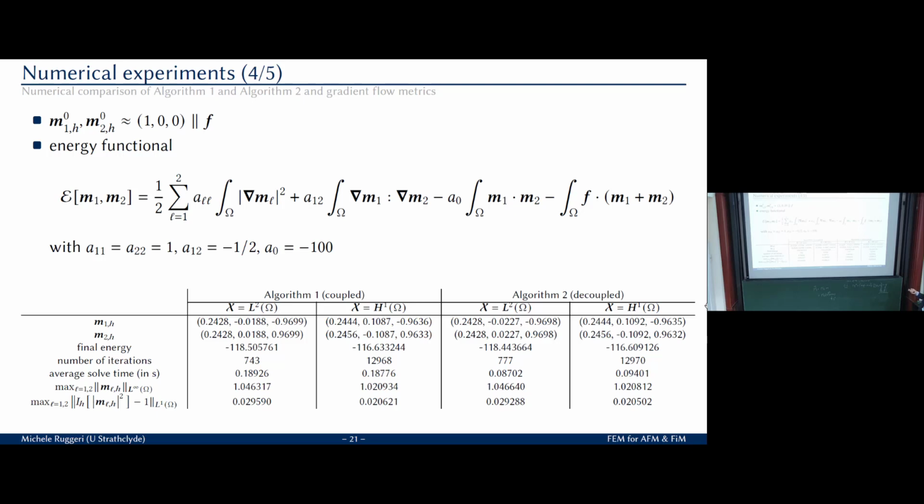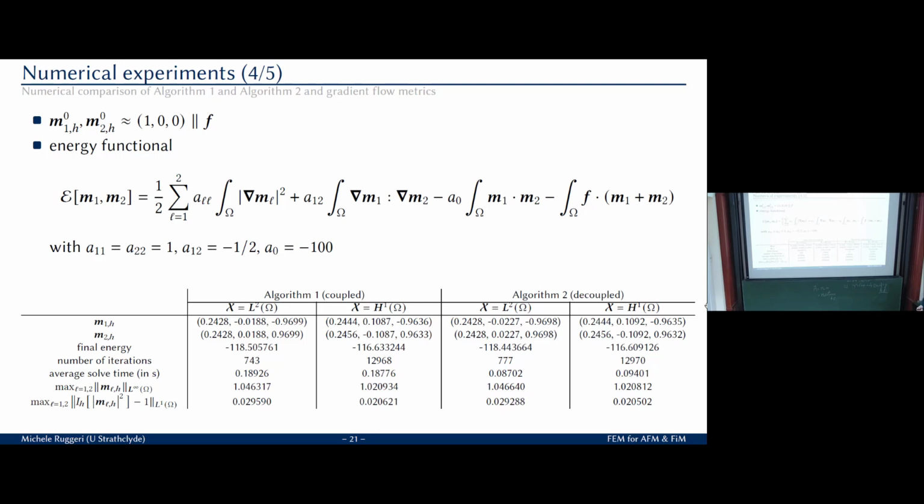This will depend not on the metric but rather on the type of algorithm. Because on the left-hand side of your system, you still have the stiffness matrix and the mass matrix. No, but a single iteration is faster for the decoupled algorithm, and it's not affected by the L2 and H1 metric.